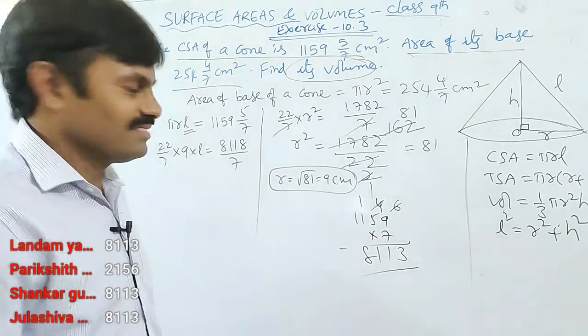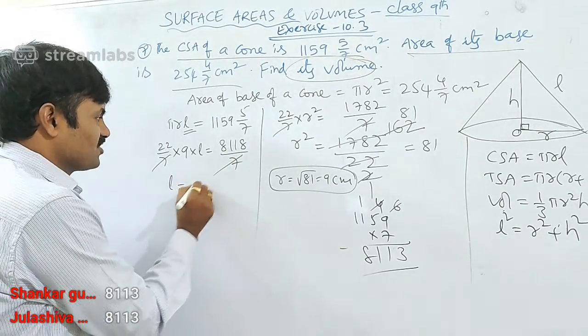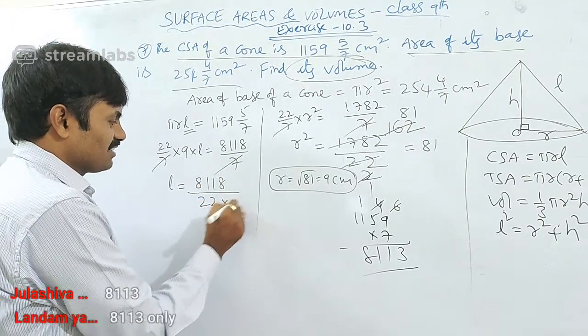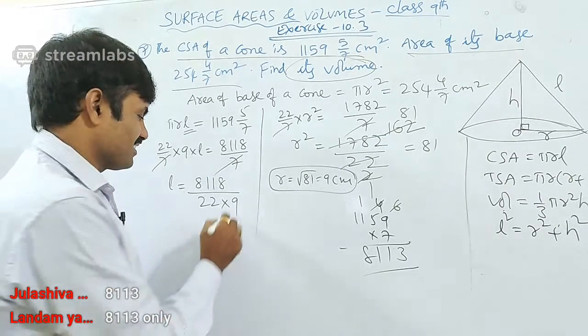Now 7 7 gets cancelled. Again we have to find the l value, so 8118 by 22 into 9.